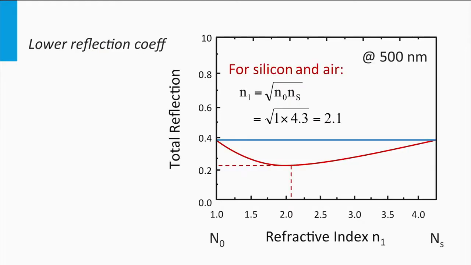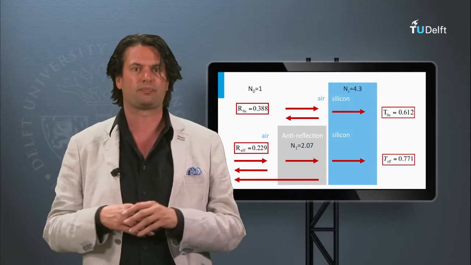We then plot the reflection coefficient of this example versus the refractive index of the interlayer. The blue line is the reference reflection without interlayer. The red line is the reflection with interlayer. The red curve has a minimum. This minimum is exactly at the value equal to the square root of the product of refractive index N0 and N2.